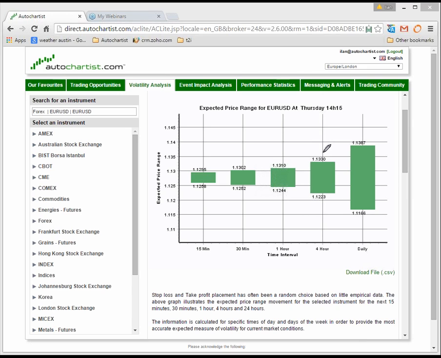By 6 o'clock this evening, I expect it to be trading between 112.23 and 113.30. In the next 24 hours, that means by 2 p.m. Friday London time, I expect it to be trading between 111.66 and 113.87.